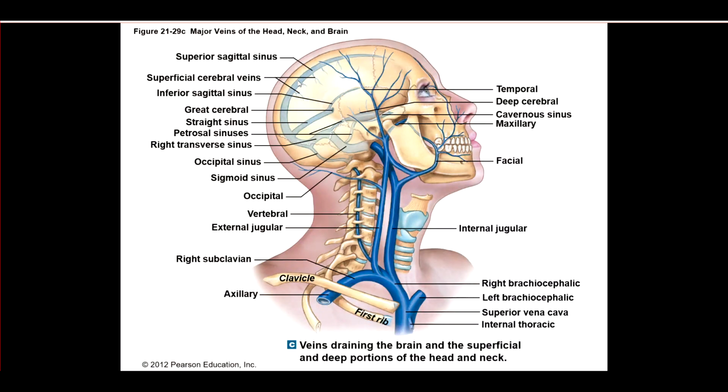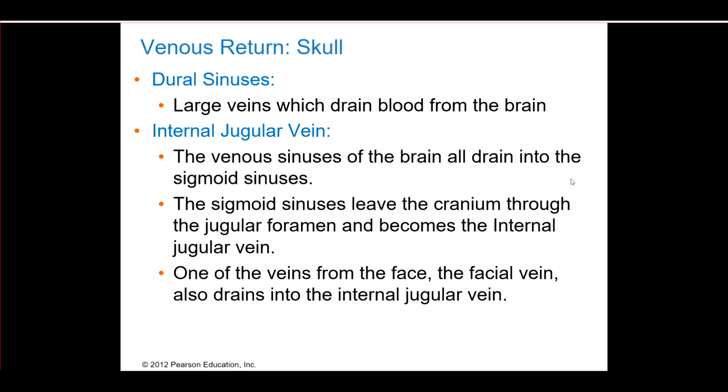So all of these big vessels here, they are sinuses known as dural sinuses, and they are again large veins that drain blood from the brain, and ultimately they become the internal jugular vein. And that's my next statement here. The venous sinuses of the brain all drain ultimately into the sigmoid sinuses.